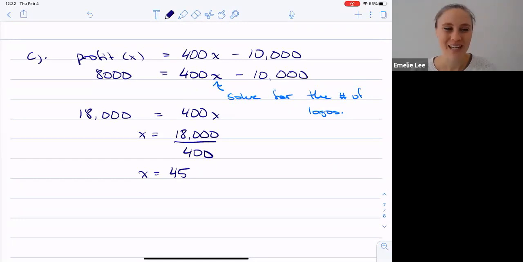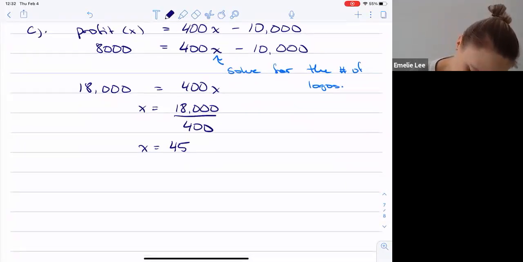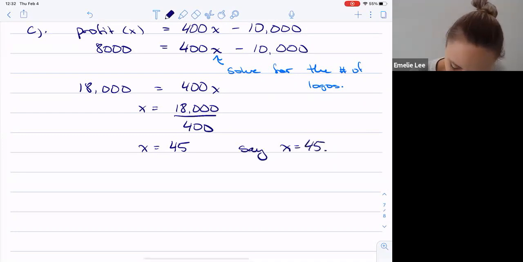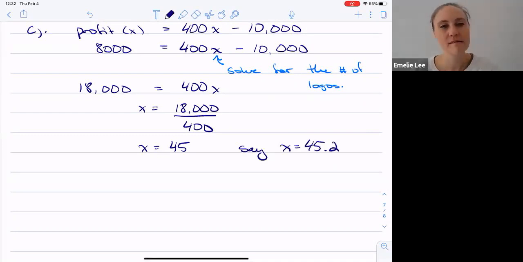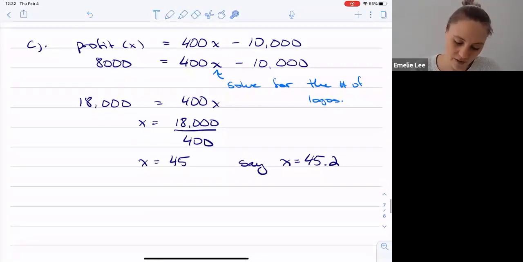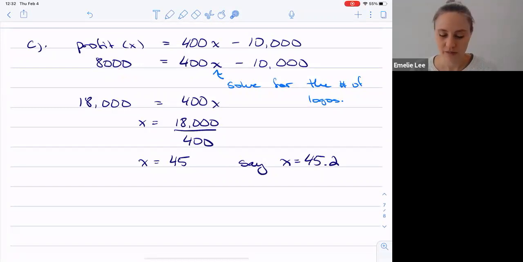For that reason, what if the answer was, say, X was 45.2? How many units do you have to produce to get a profit of 8,000? 45 would be slightly less than 8,000, right? You can't make 45.2 of an item and sell it, right?